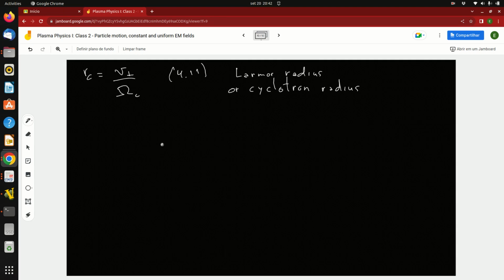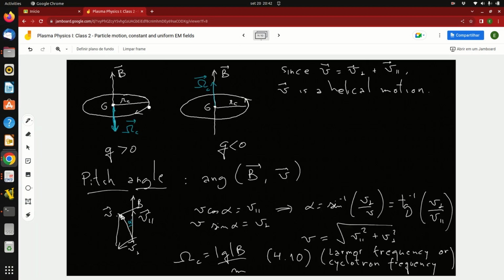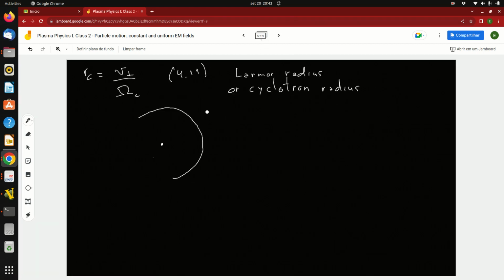That means that ions are heavier than electrons, and you would have something like this. It's our positive charge. That means I have a clockwise motion for positive charge, but if you're looking with the magnetic field pointing toward your blackboard, then you would see a counterclockwise motion.